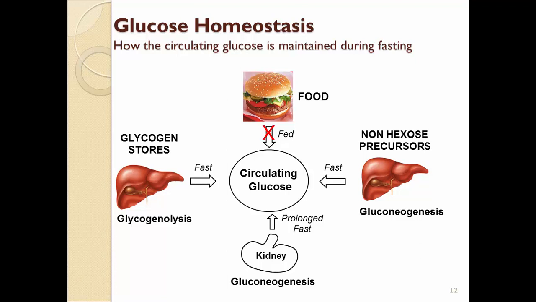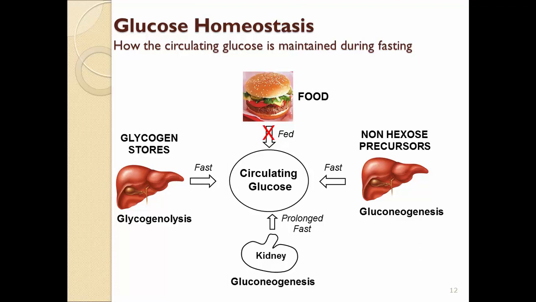We're going to talk about it later, right? Glucose 6-phosphatase is the key enzyme for glycogen breakdown for making free glucose, and also a very key enzyme in gluconeogenesis.